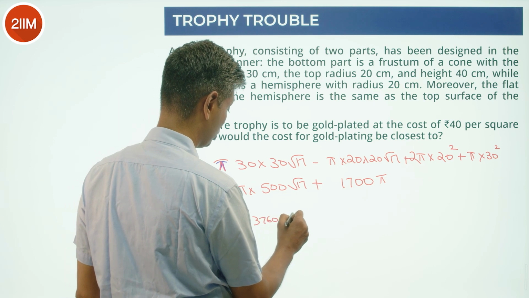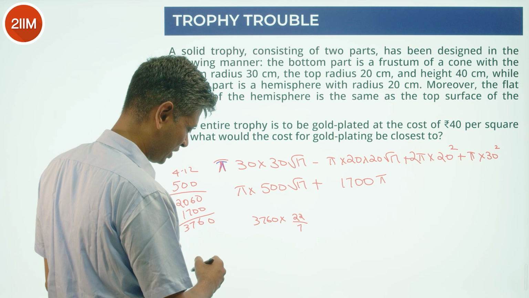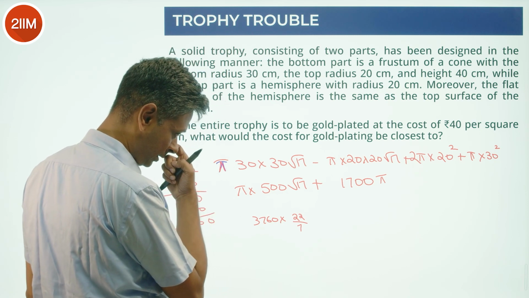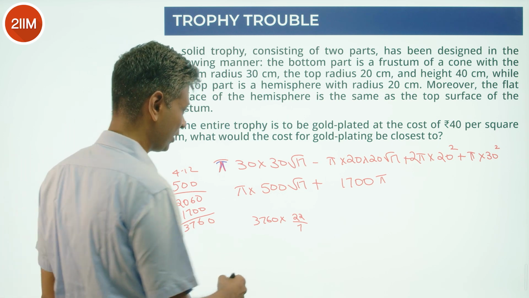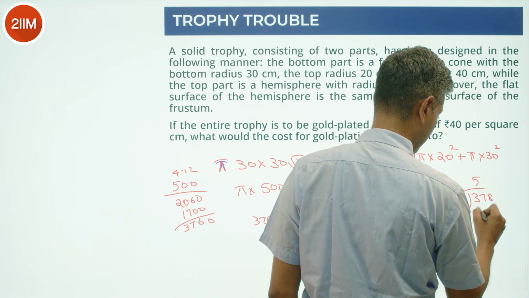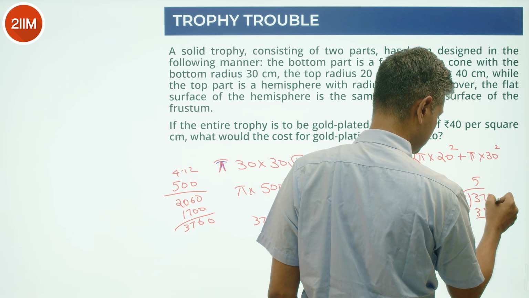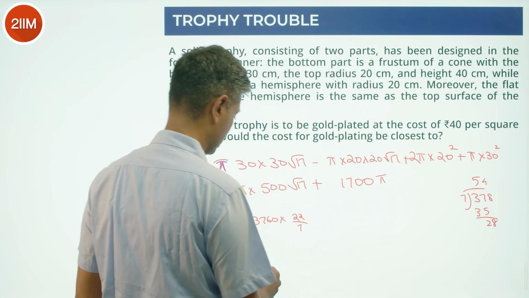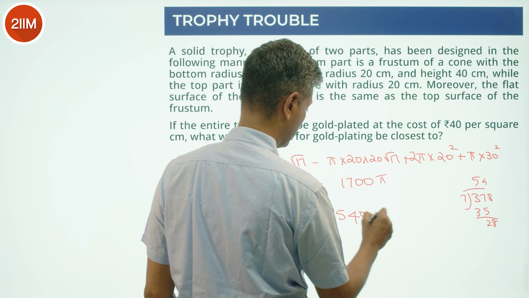3760 into 22 by 7, we divide this by 7, 378 approximately, we'll worry about it later on. 378 by 7 was 54, so this is 540 into 22.